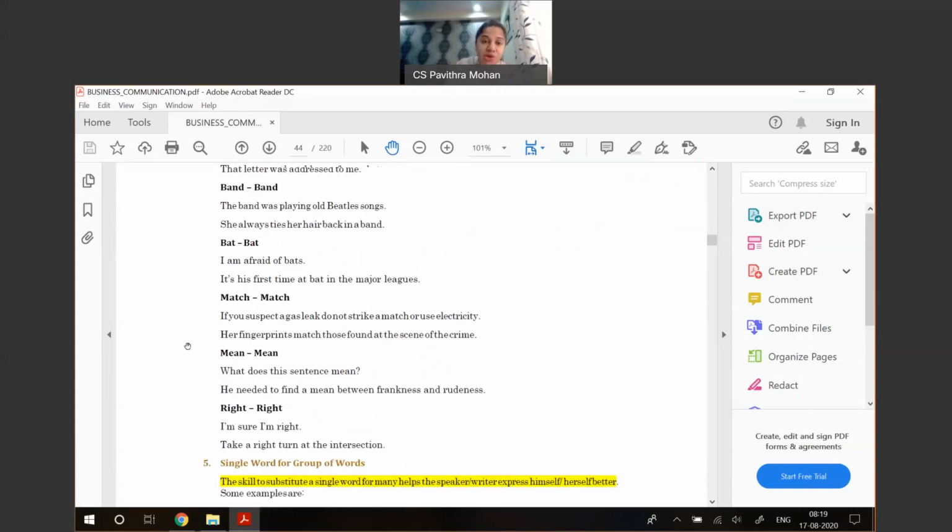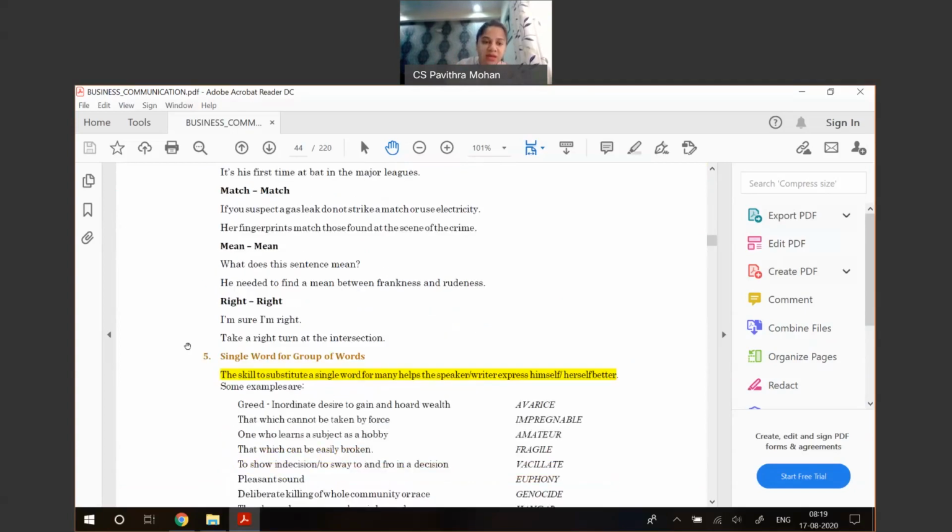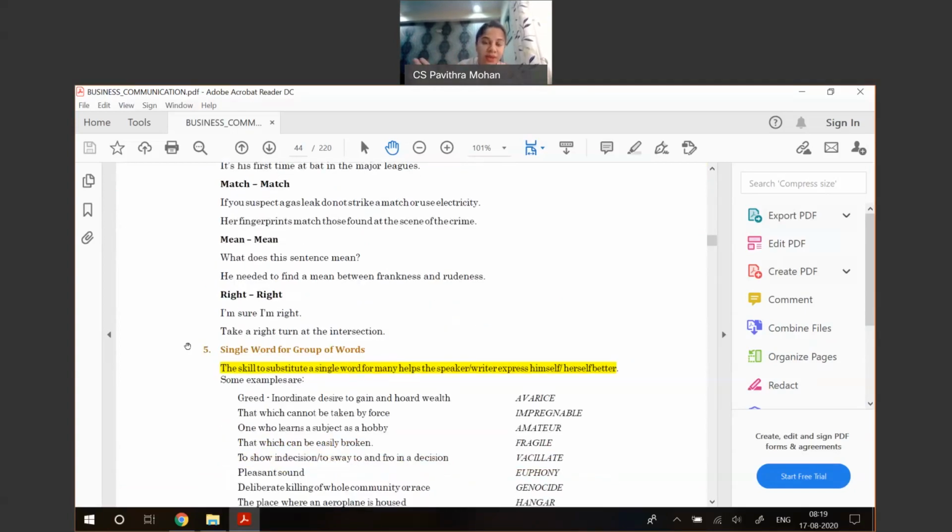Match: the cricket match they play, and the matchstick. Then you have mean, and right: one right is going right, the other right is doing things that are right. These are words that will always have two different meanings, but the lettering of the word will be the same. Those are called homonyms.